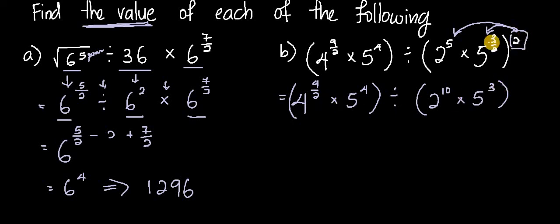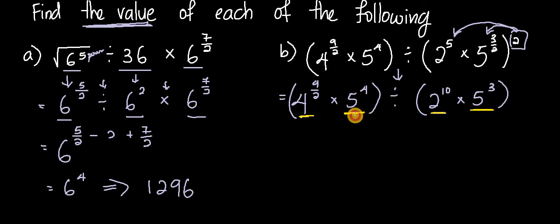I don't have anything here. Since it's a divide here and there's a times in the bracket, I can just write them in a fraction. But before I write them in a fraction, since there's no connection, I know that this 5 is the same base as here, but this 2 and this 4 are not the same yet.